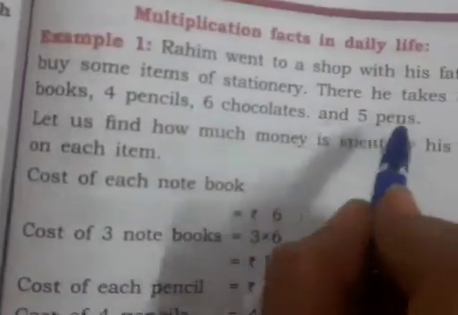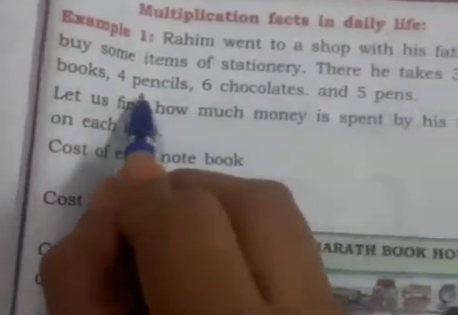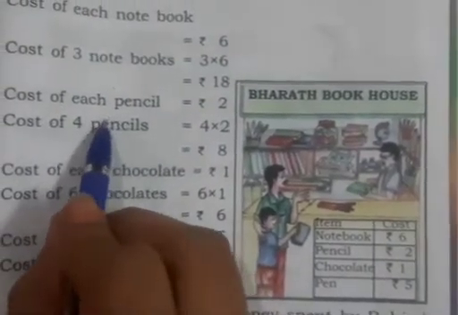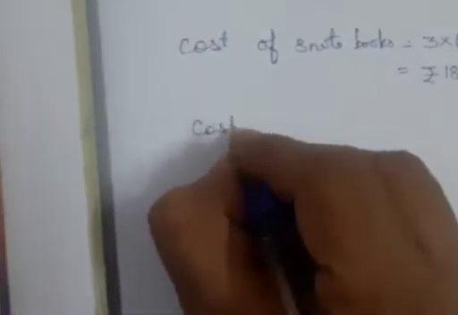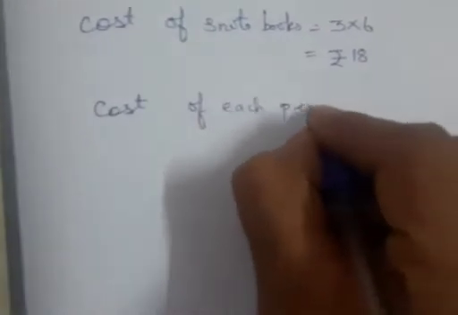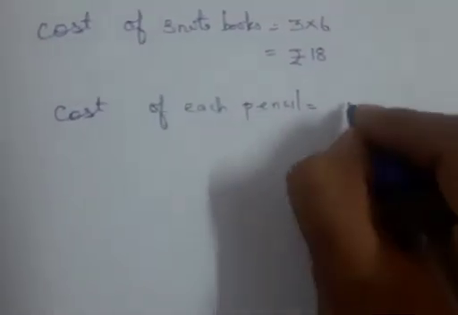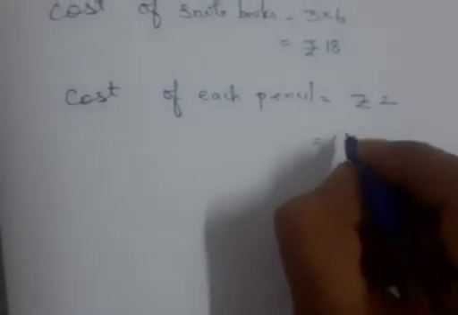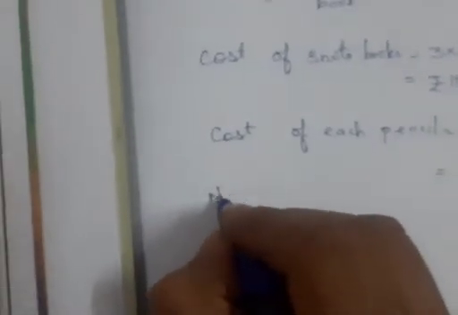Then the next thing he purchases is 4 pencils. And what is the cost of one pencil? One pencil costs 2 rupees. So first write cost of each pencil equal to 2 rupees. And how many pencils he buys?